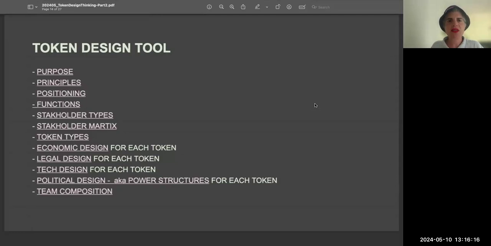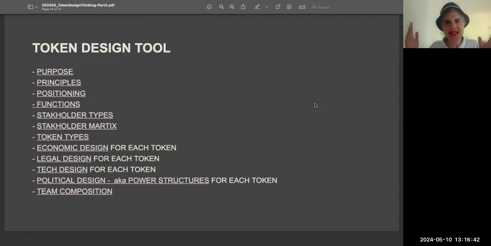So this design thinking tool has several questions. We start with the purpose, obviously, the political and economic principles of what you're trying to build, and the positioning. Then we go on analyzing the functions that have to be fulfilled by your token system to achieve your goal.